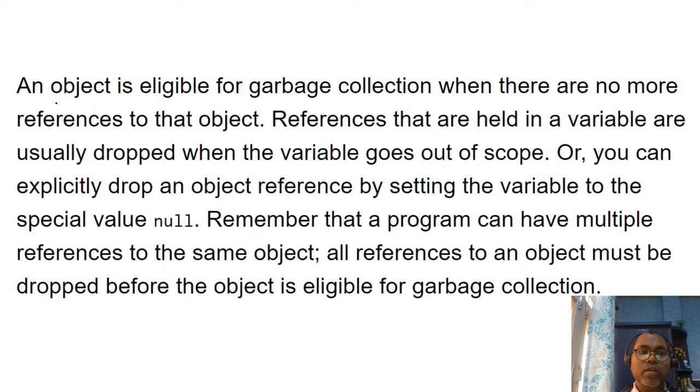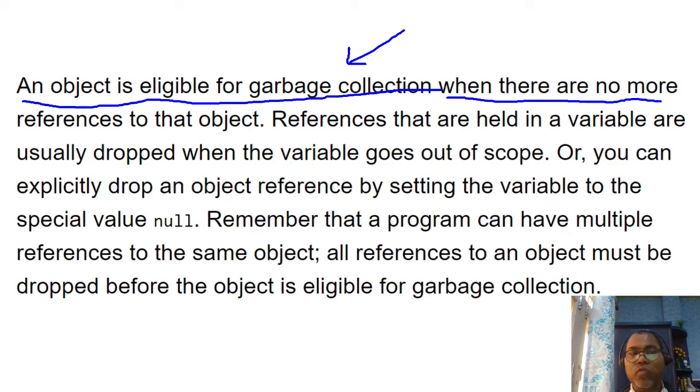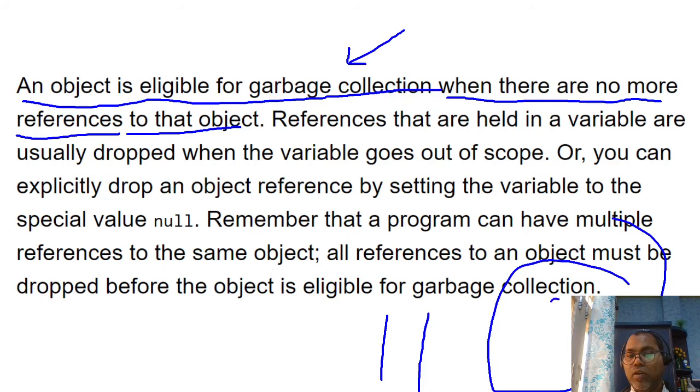An object being eligible for garbage collection is a process of deleting the object from memory when there are no more references to that object. Say you have reference variables and, in the heap, object 1, object 2, object 3, object 4, object 5.